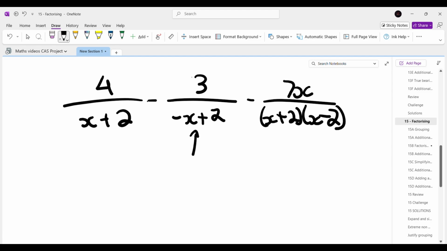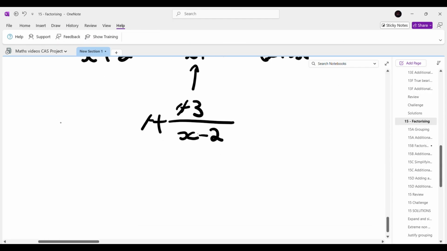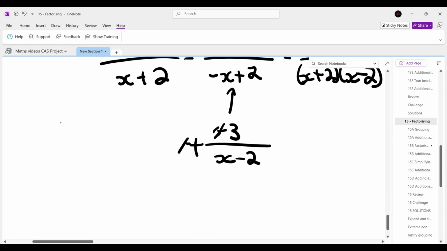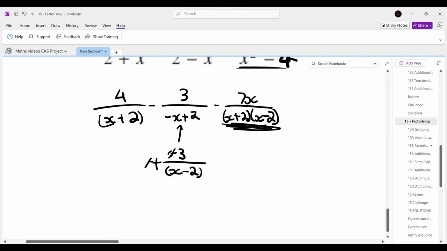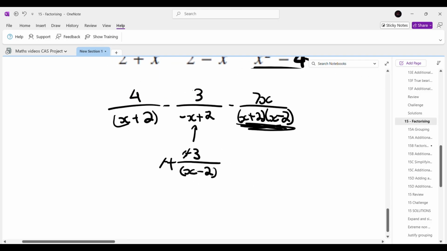So we end up with minus 3 over x minus 2, and these minuses cancel out, so we end up with plus. See, now that we have x plus 2 and x minus 2, and we've got x plus 2 times x minus 2 over here, I feel like it's pretty simple as to what we have to do. We have to simplify down to this lowest common denominator.